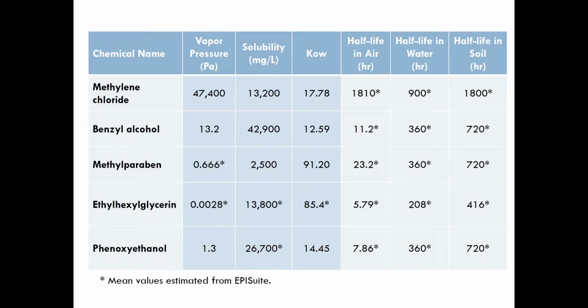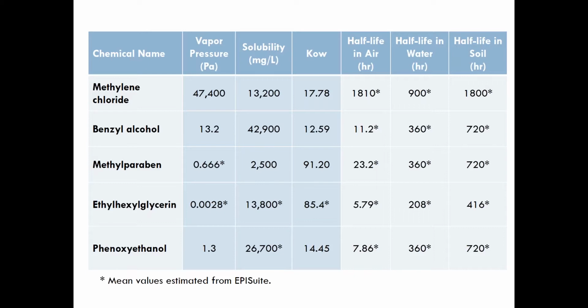Solubility, these are all fairly soluble. This one's a little bit less, but these compounds in general would be relatively soluble. Not significant bioaccumulation, except a little bit by methylparaben. So we wouldn't expect a significant amount or any relevant amount of bioaccumulation. In terms of the half-lives, methylene chloride is the most stable one.